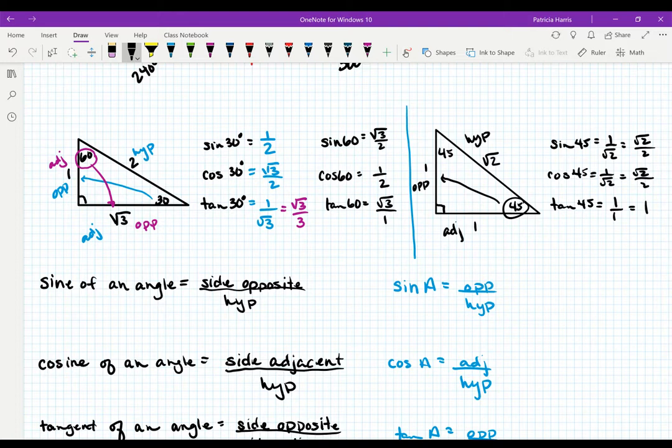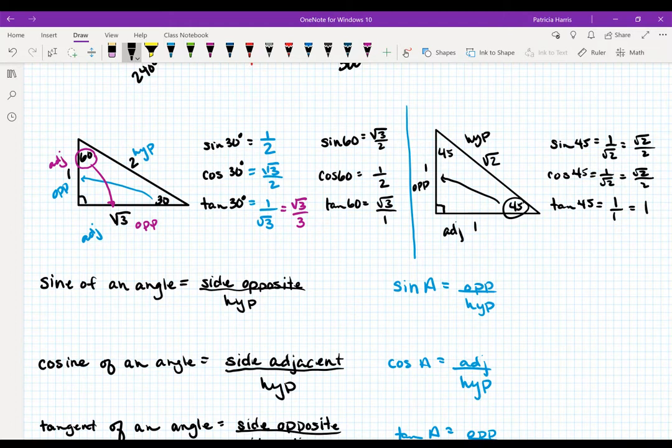Okay, now believe it or not, these are going to help us build the unit circle. Because remember, that unit circle that we built was all based on the 30, 60, 90s, and we were just in different quadrants measuring from the unit circle's standard position from the positive x-axis. Okay, all right.